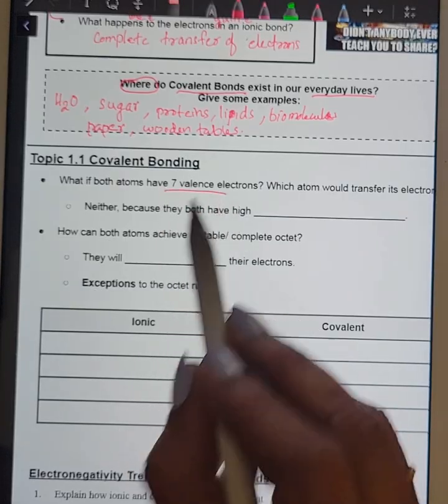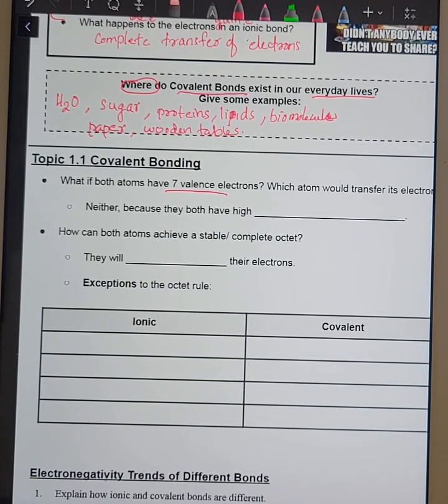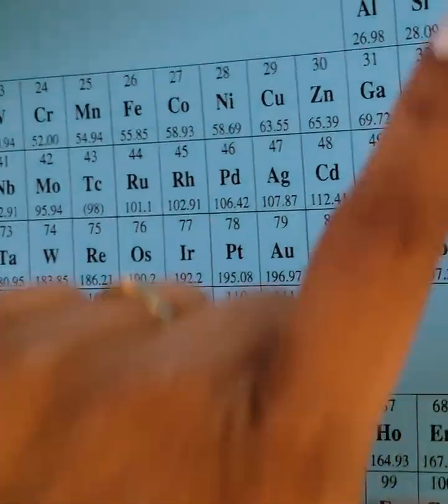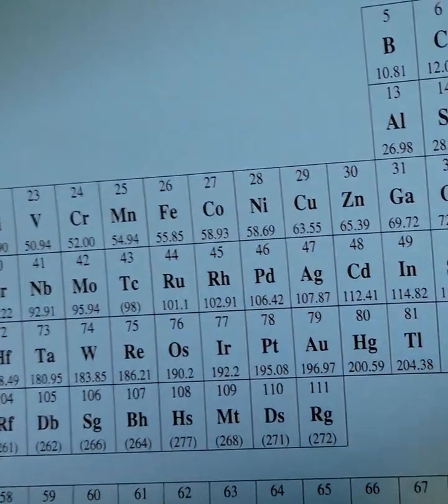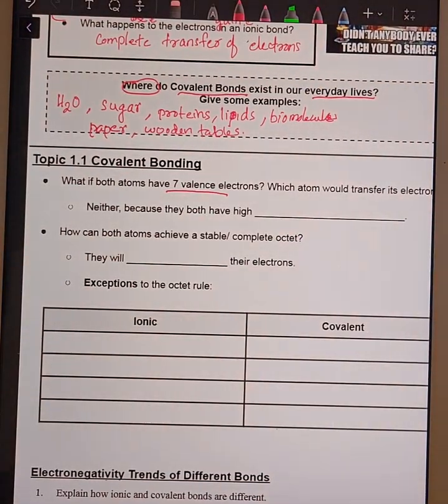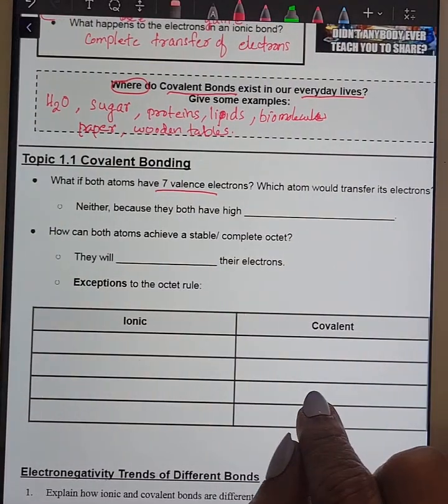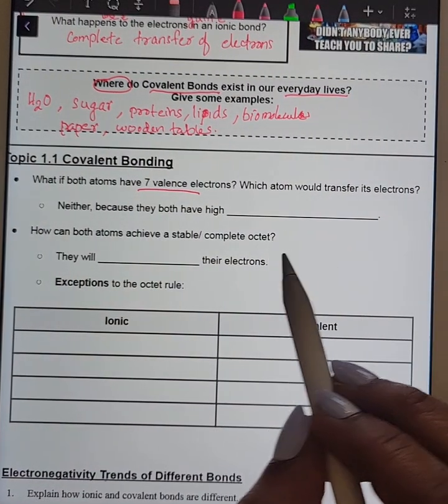Okay, so we know the 17th group elements, which are fluorine, chlorine, bromine, iodine. They have 7 electrons in the valence shell. They need one more to complete their octet.